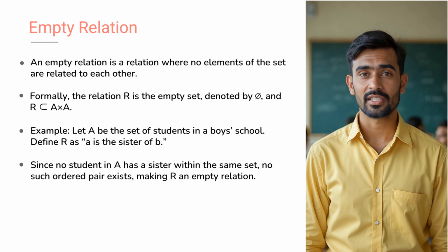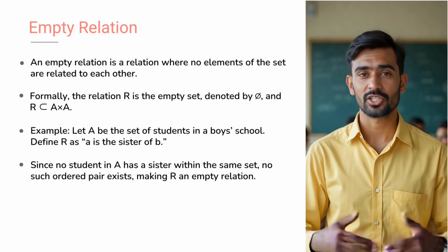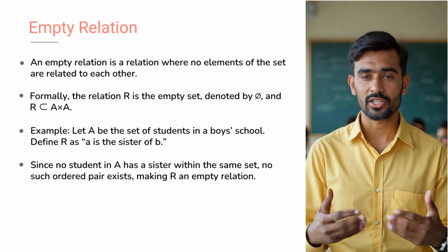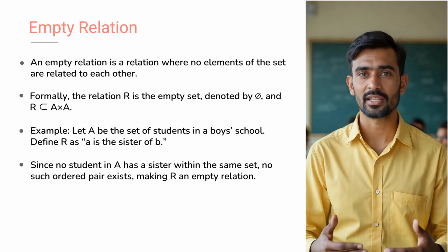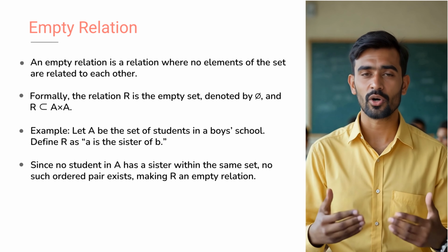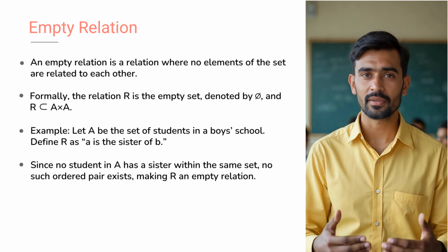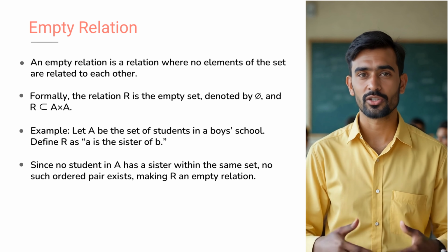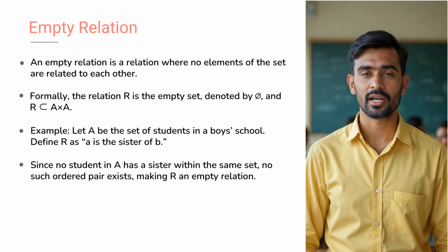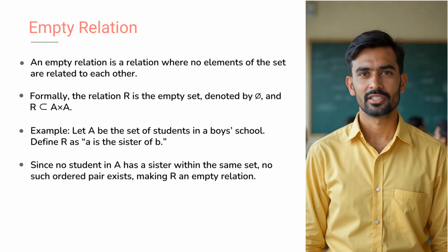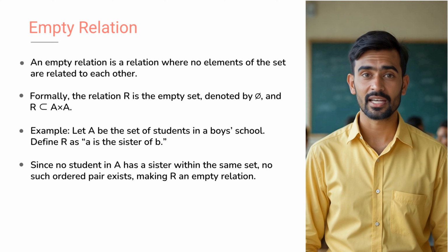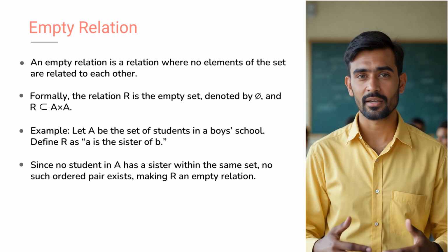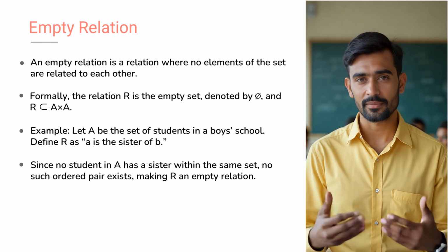Let's start with the simplest type, the empty relation. An empty relation means that no element is related to any other element, not even to itself. Here's an example. Let A be the set of all students in a boys' school. Now define a relation R as "a is the sister of b" for a and b in A. But wait, the school only has boys.